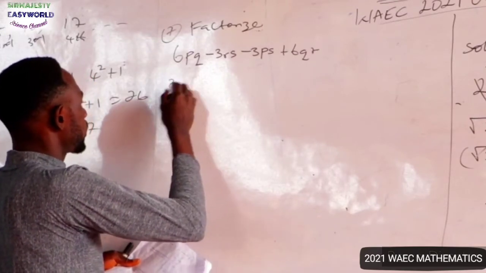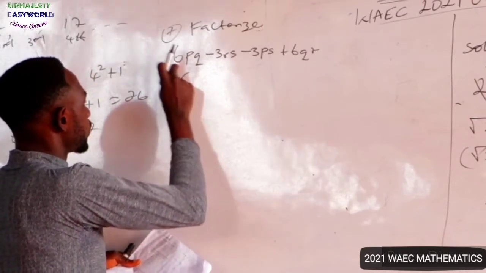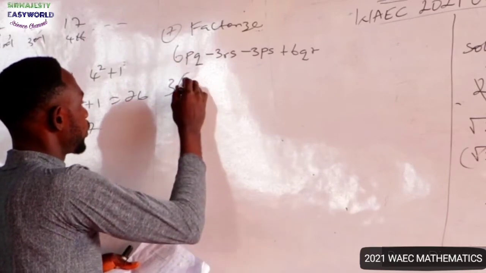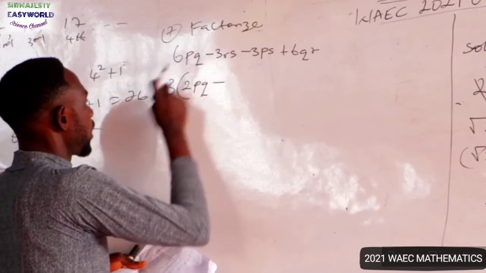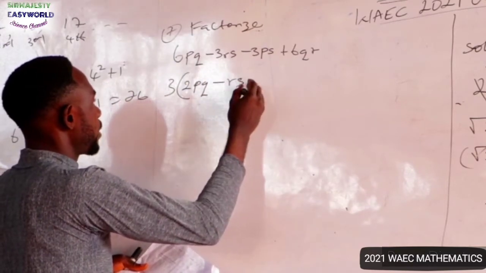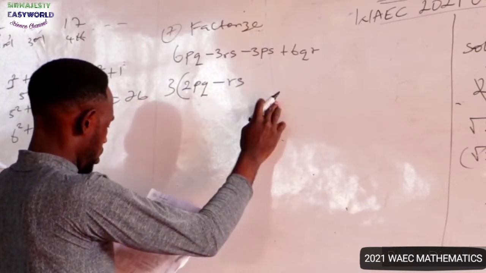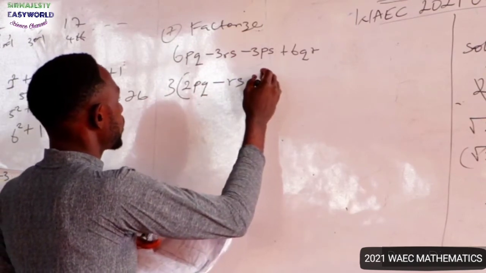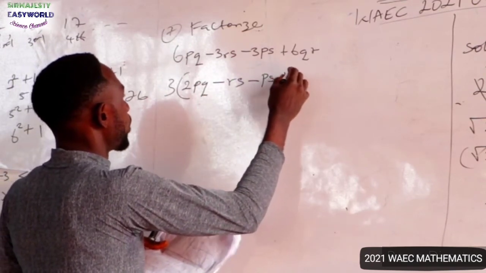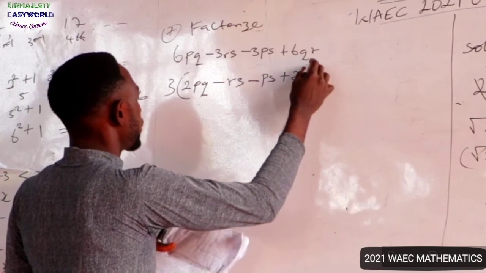So if you factor 3 out, 3 bracket, 6 divided by 3 is 2PQ minus 3 divided by 3 is 1RS. Okay, I have the signs correctly. Then 3 divided by 3 will still be 1. We have PS, then plus 2QR.